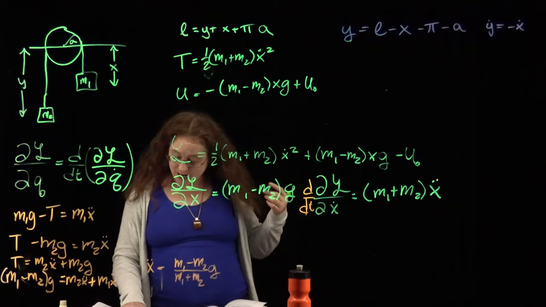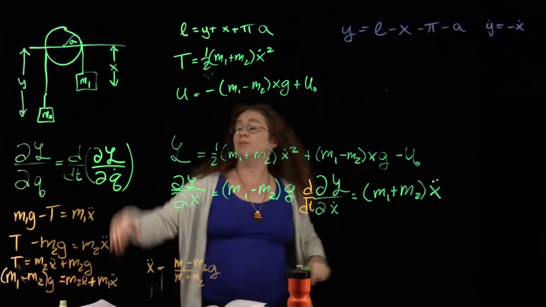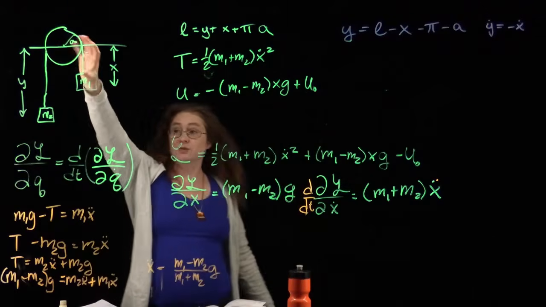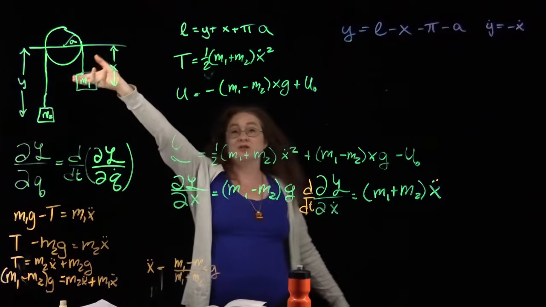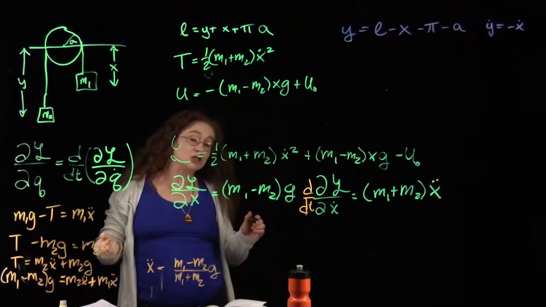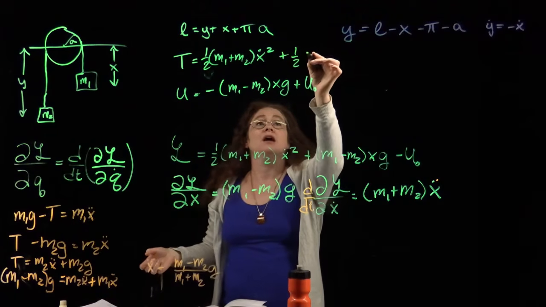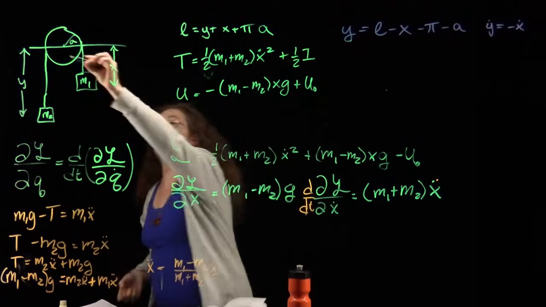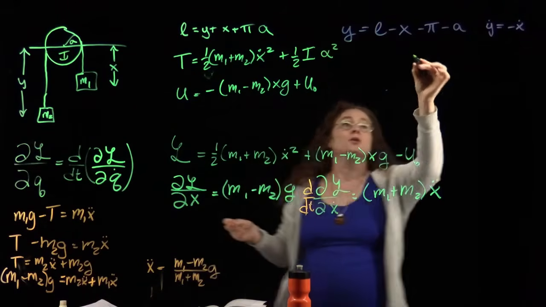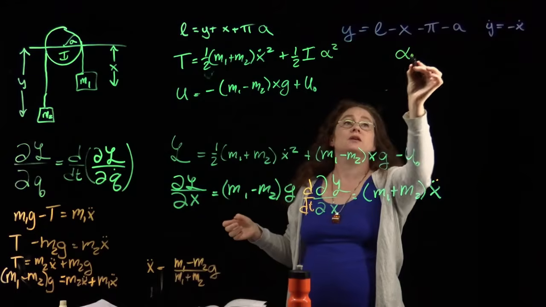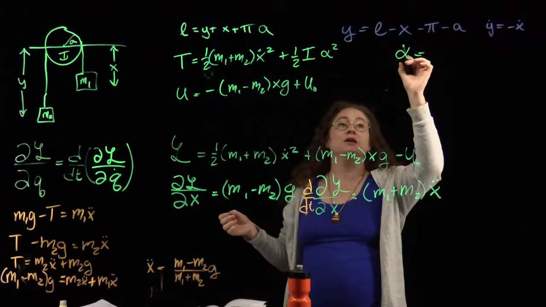When we add mass to the pulley, which is fixed, the potential energy doesn't change, but the kinetic energy changes. So now you have plus 1/2 I, the moment of inertia of the pulley, alpha squared, where we're going to assume no slipping.